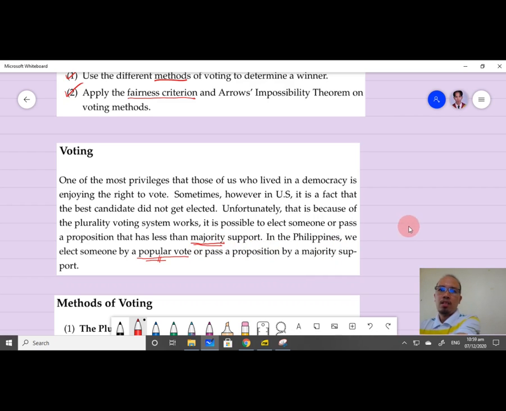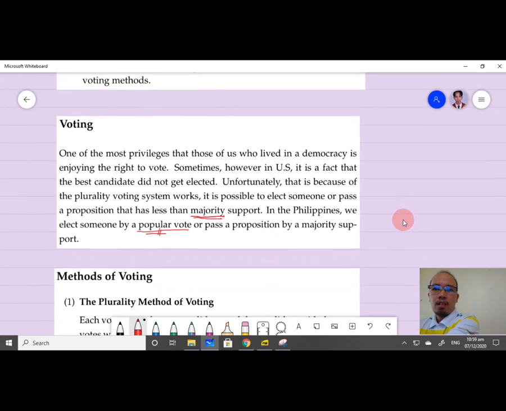Just like the idea in the apportionment method, when you say you are going to vote, it is not only like you are electing someone. It could be that you are going to pass something like a proposition.